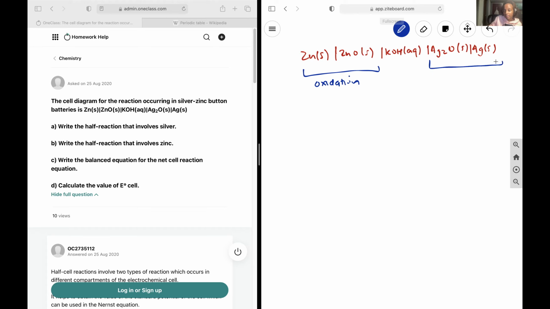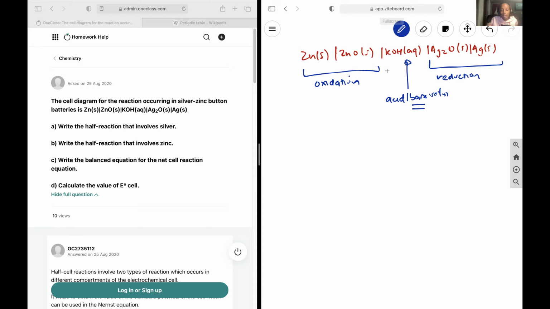The right-hand side of it represents reduction. And what is in the middle is whether we're using an acid or base solution. So you can note it down when you're writing the half reactions, what you're providing the hydrogen ions with. And so in this case, of course, you'll be using a basic solution because KOH is a basic solution.